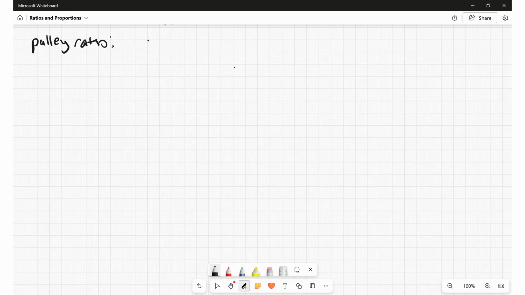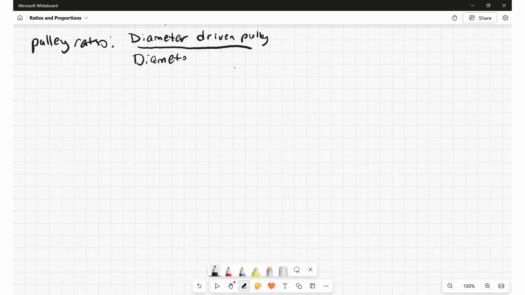And in this pulley ratio, we would have the diameter of the driven pulley. Oh, did not spell that correctly. And that is going to be compared to the diameter of the driving pulley.